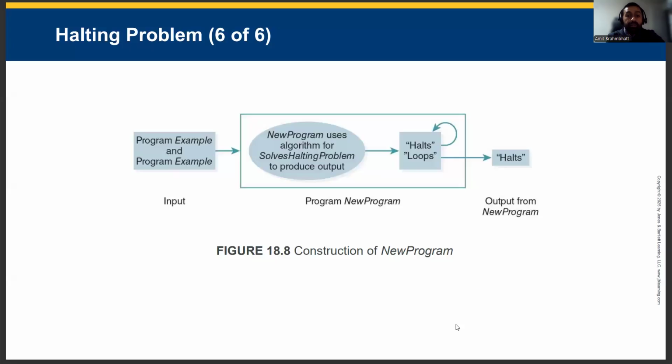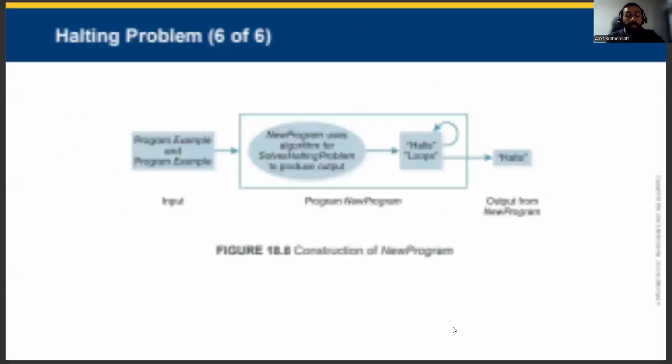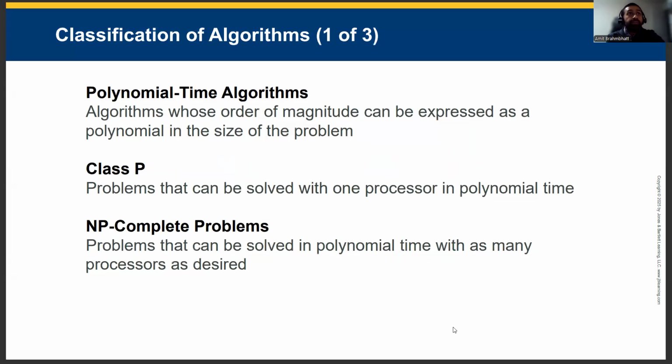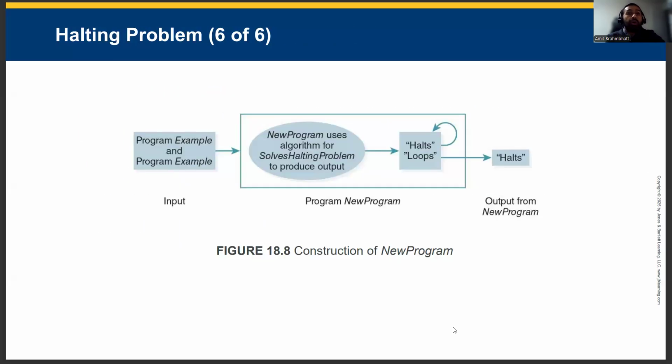The final diagram, where we see how the construction of new program has program example and program example as input, and then the new program has two parts. The new program uses the algorithm for solving the halting problem to produce output, and halts or loops accordingly, and the output is the halt output for the new program.